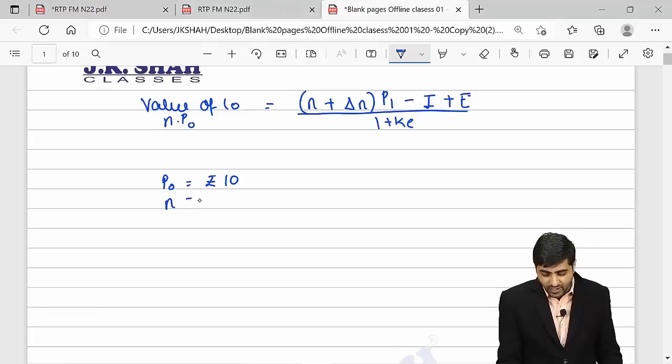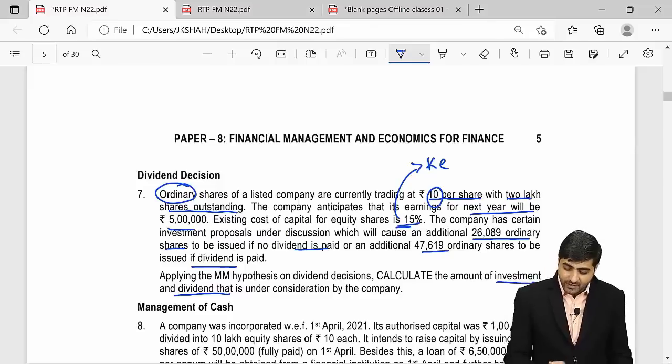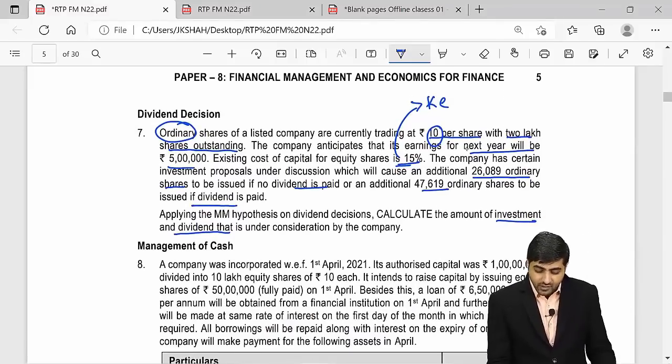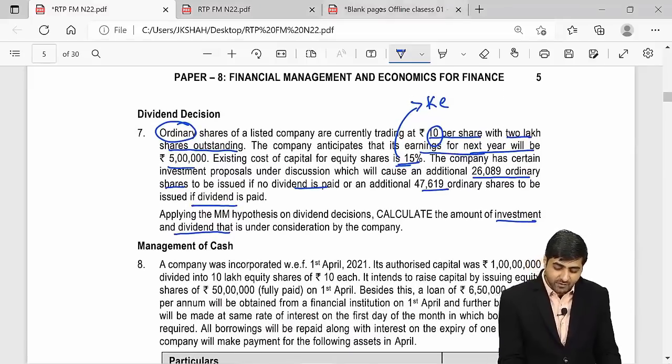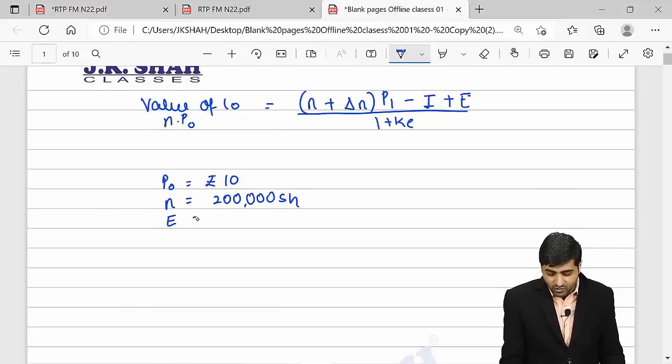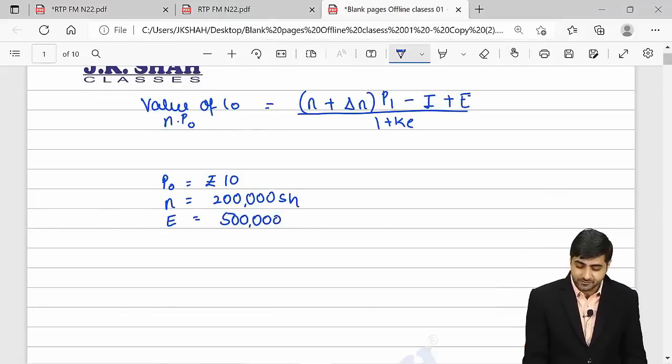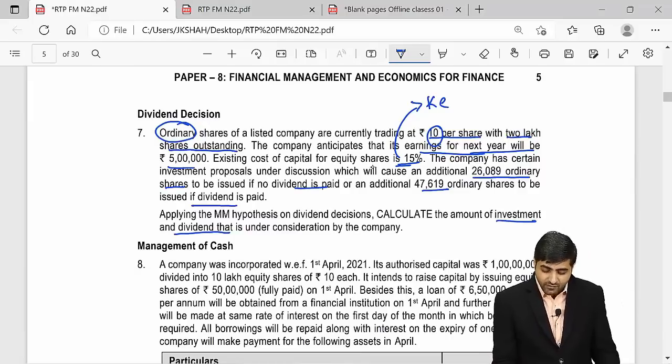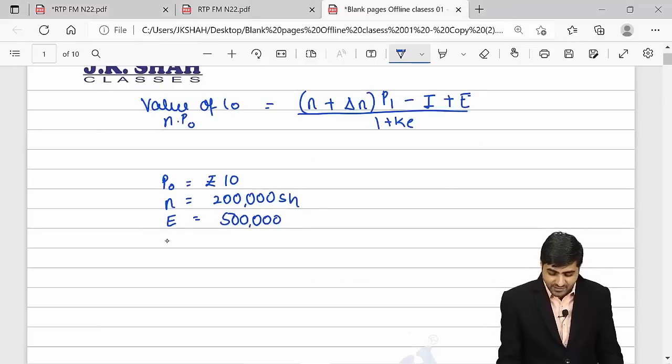So we have your n also as 2 lakh shares, and then you also have that the earnings for next year will be 5 lakhs. So we have your earnings available as 5 lakh rupees, which is at the end of the year, and then we have your K, which is 15%.